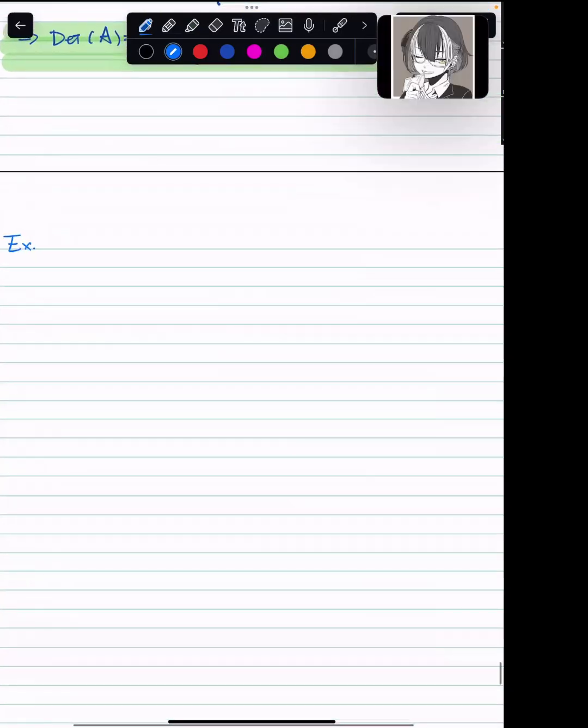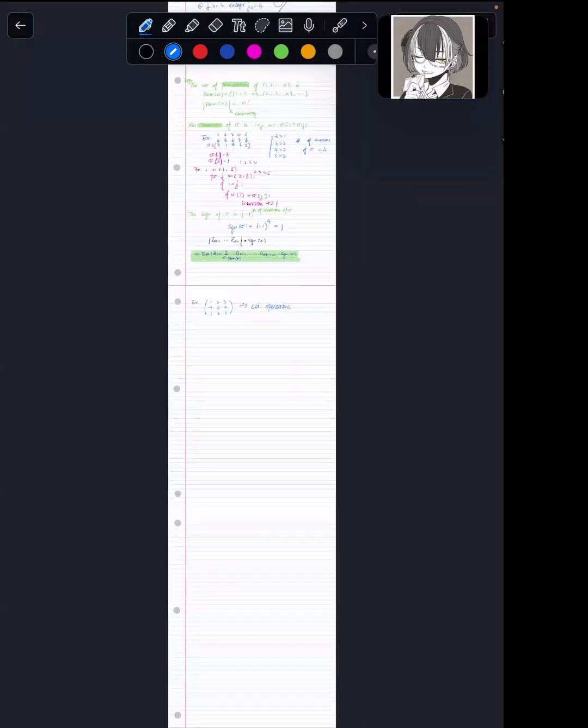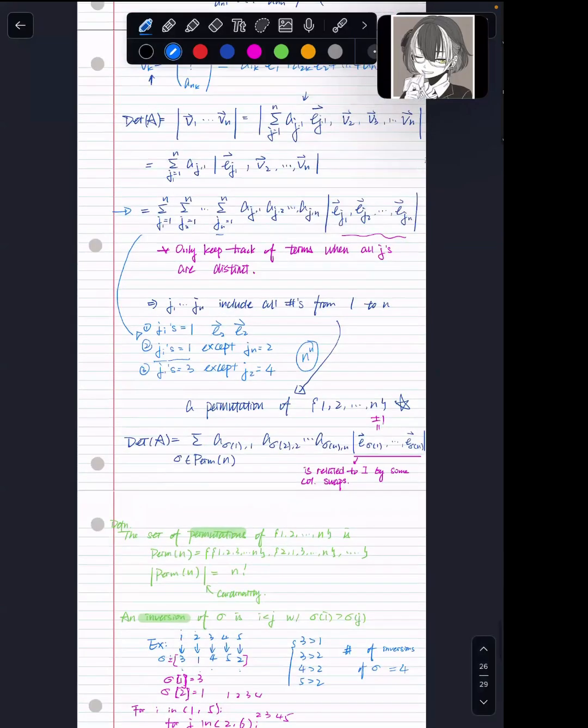Right now I have a matrix with rows 1 2 3, 1 0 4, 1 2 1. Before, to find the determinant, we did a bunch of column operations and kept an eye on how each operation changes the determinant.